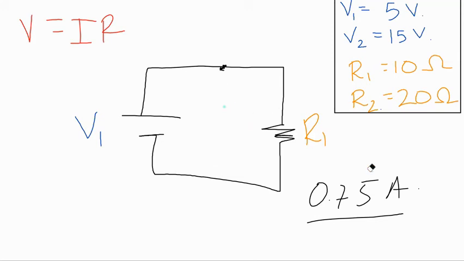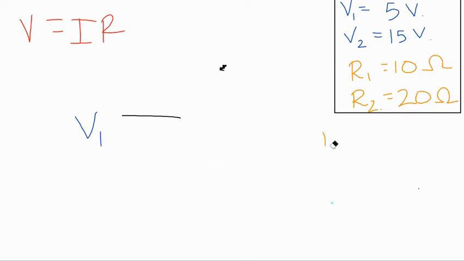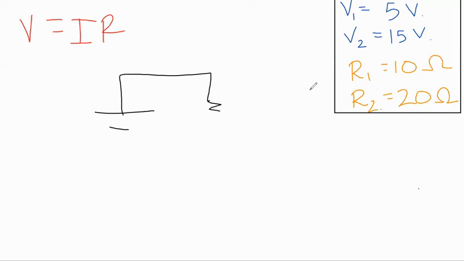So we edit this entire circuit so that we have two batteries. Let's say we have a V1 here. Let's draw the circuit first. So we have just one resistor this time and two batteries.